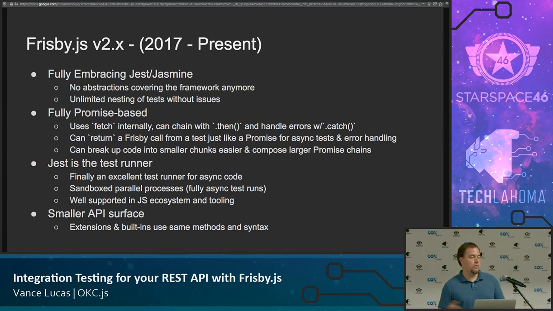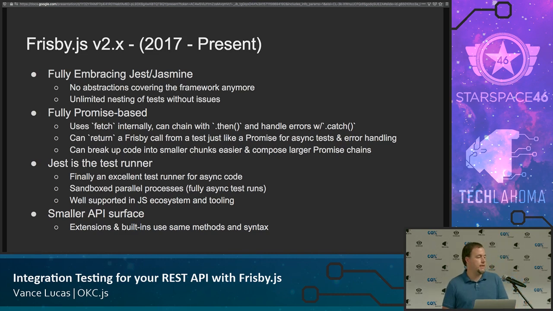Promises were everything, and then later async await had come out and were fully integrated with Node. So you didn't have to use a library like Bluebird. Has anyone used Bluebird or familiar with promises? Okay, it's just a library that emulates promises when they weren't supported.